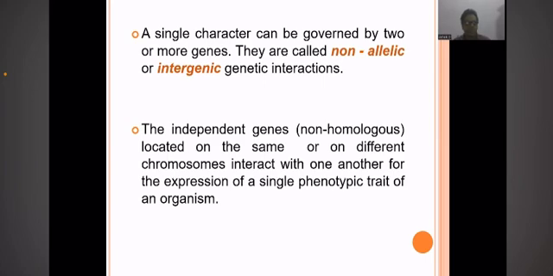That is, the interactions of more than one gene lead to intergenic gene interactions. The independent genes located on the same or different chromosomes tend to interact or correlate in order to form a single phenotypic trait.